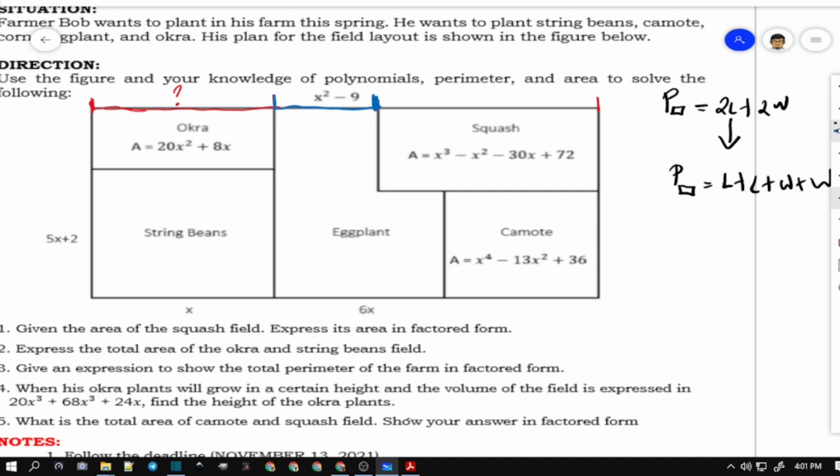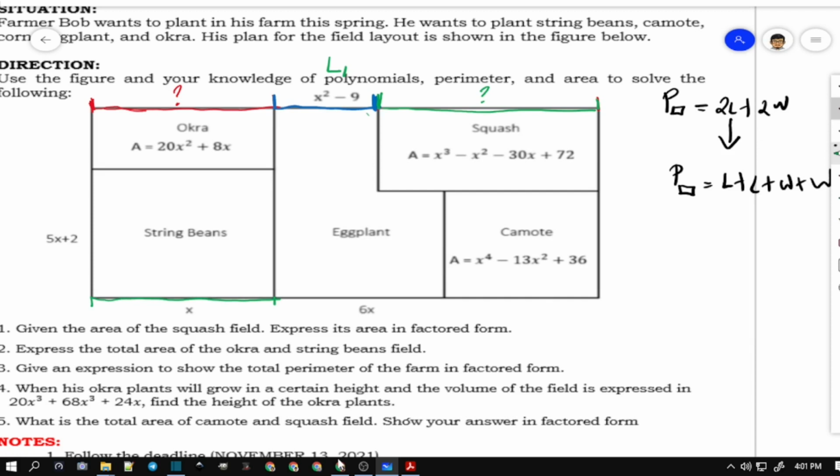Next, for the squash, the length from here to the edge of the squash is also missing. Let's take this as length number 1. For length number 2, for the string beans, from the edge of the string beans to the edge going to the eggplant, that is x.